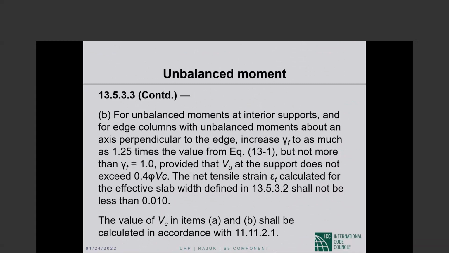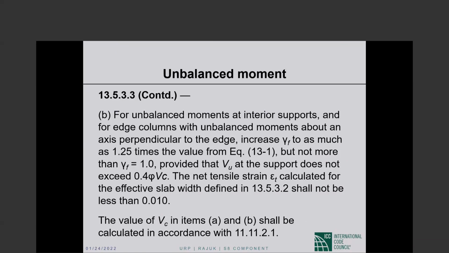Now, that was bending moment at an edge column perpendicular to the edge. For unbalanced moment at interior supports, and for edge columns with unbalanced moment about an axis perpendicular to the edge, now the bending is parallel to the edge.